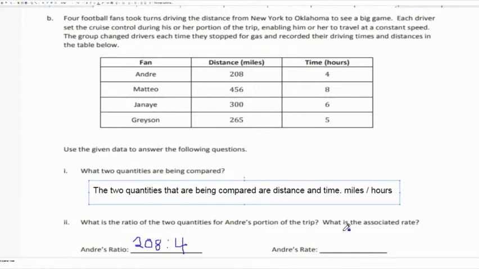Now if we're looking at the rate of speed, the associated rate is how fast he was actually going. So what we do is some division. Let's do our division real quick. He went 208 miles in 4 hours. Of course, you can use your multiplication table to help you if needed.